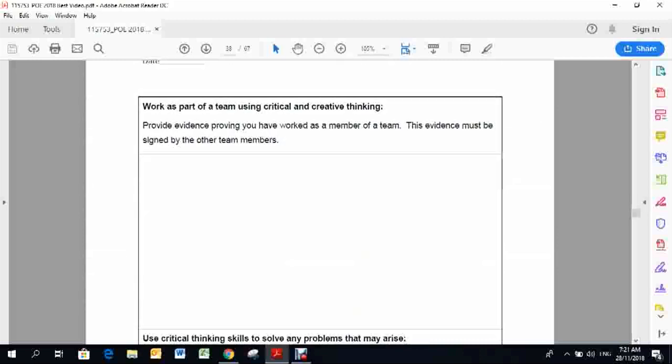Work as part of a team using critical and creative thinking. We're looking at a person that is working, and you need to indicate to us that you are a team player. So you work with a number of people in a team. The purpose of a team is to achieve one objective. You find that ESCOM has lots of departments, but the main objective is to generate electricity, and that electricity is sent to where it's supposed to go, to be consumed by us as a nation.